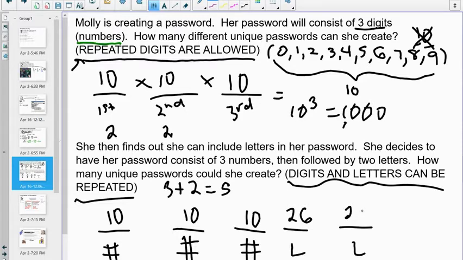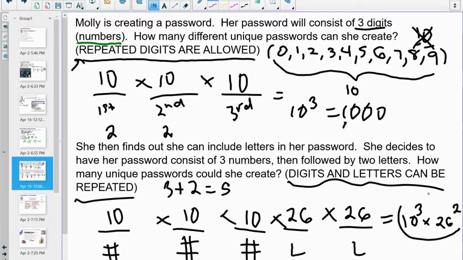So there's still 26 options. So when you write that all out, you do that counting principle, and then you have 10 to the third times 26 squared. It's a really large number. I don't think it's even going to calculate on your calculator, but I just want you to understand how to do this.